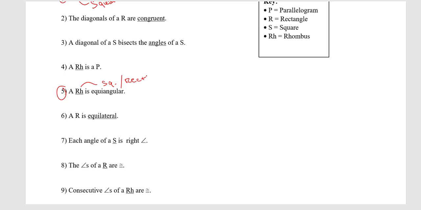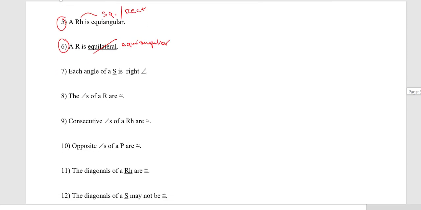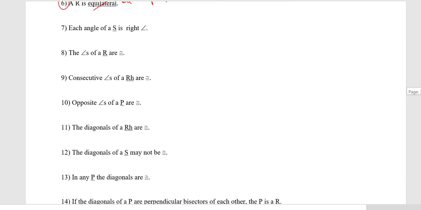Number 6, a rectangle is equilateral. It is equilateral when it's a square, but not always. So the way to change that would be to make this equiangular. So we know a rectangle, of course, is always equiangular.